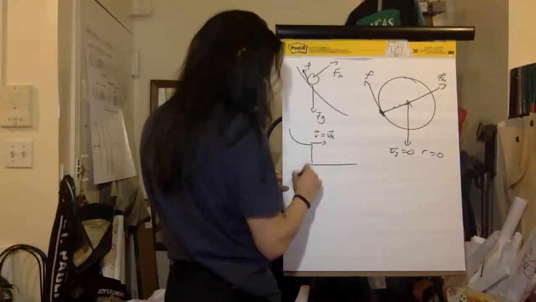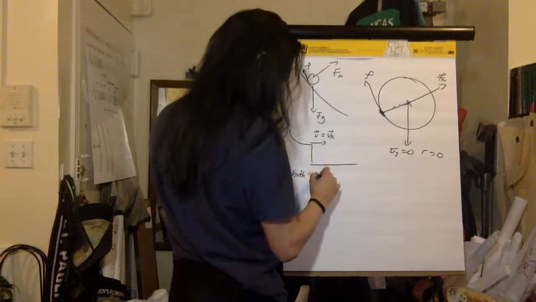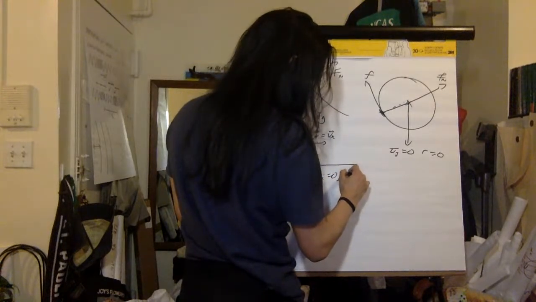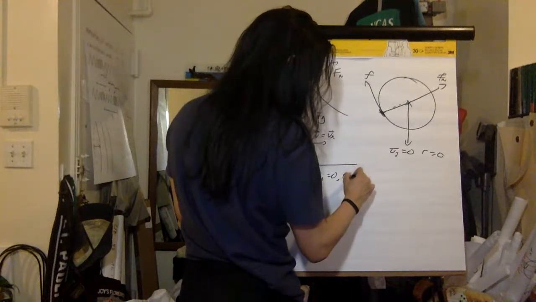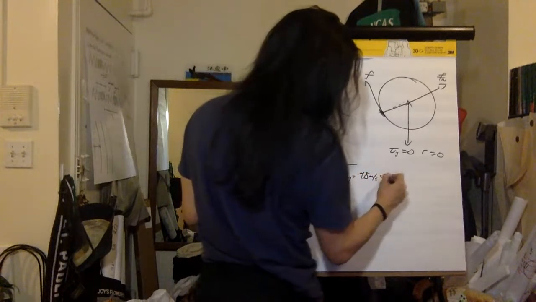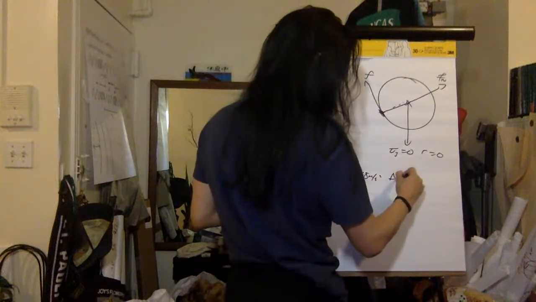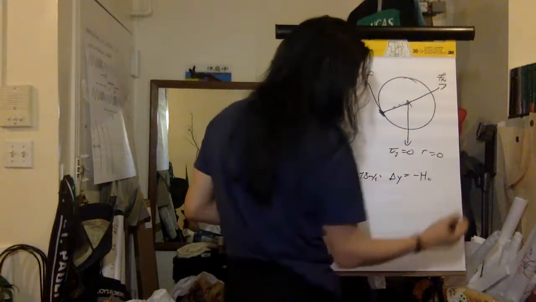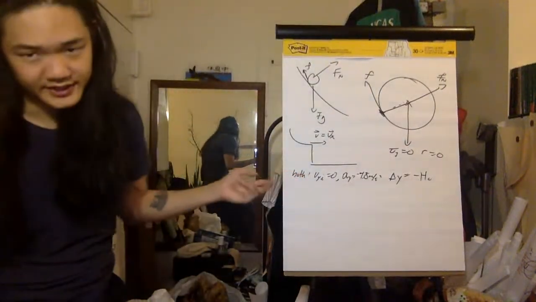I know that since they both have an initial y velocity of 0, an identical y acceleration of negative 9.8 meters per second squared, and an identical delta y of negative h naught, you have to write this in a full sentence, by the way, right?